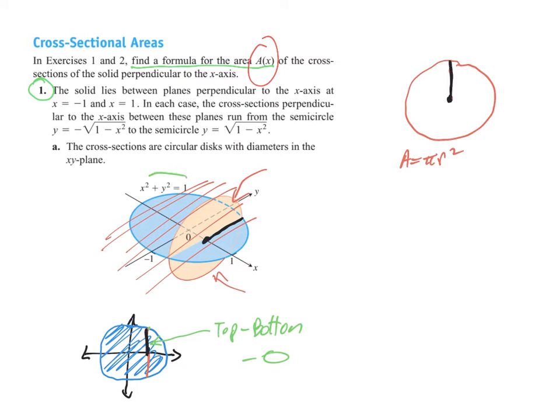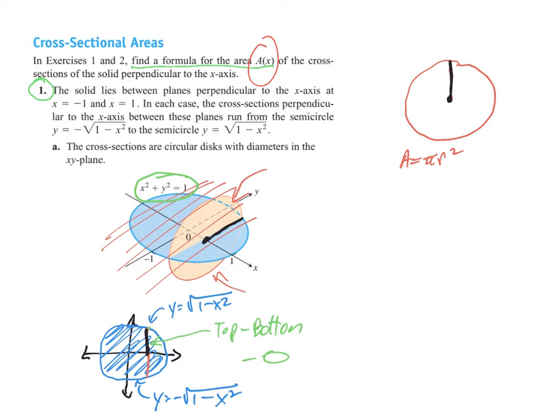And to figure out the y value, I have to go up to this relation, x squared plus y squared equals 1, and I have to solve for y. So when you do solve it for y, you actually get two curves. This top curve is y equals the positive square root of 1 minus x squared. And this bottom curve, which we don't need right now, is y equals negative square root of 1 minus x squared, because there's two parts to that square root.